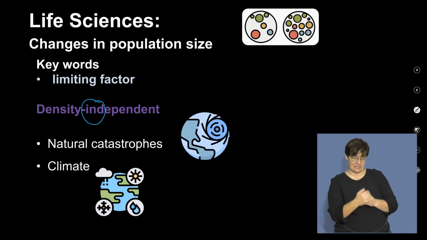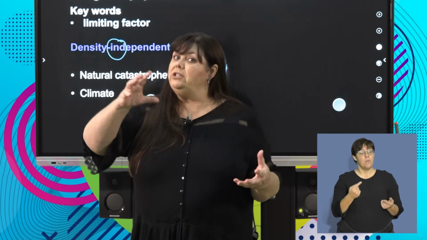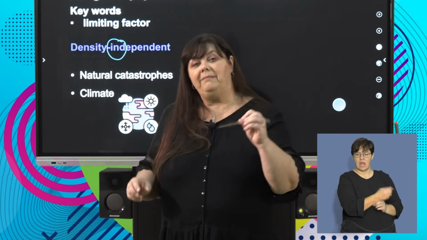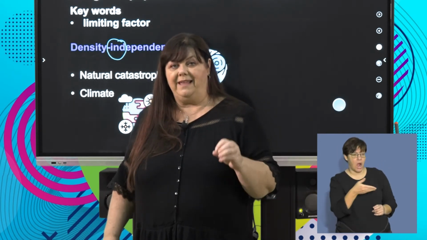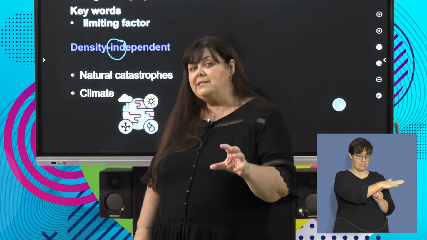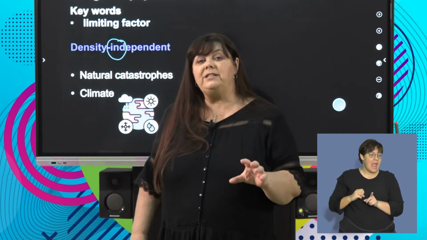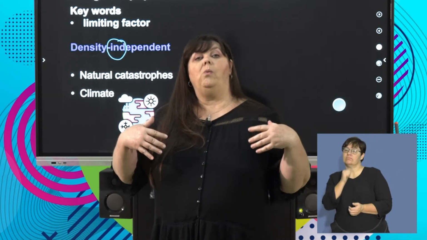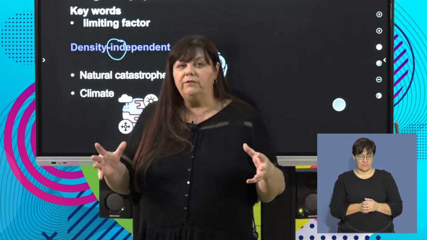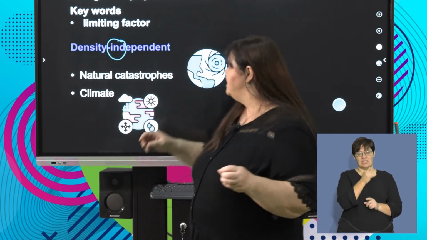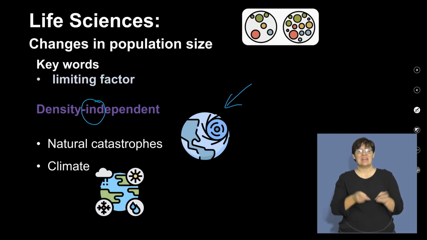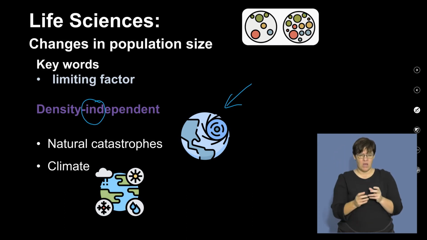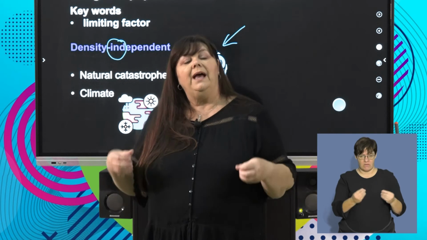What about density-independent factors? These are factors that limit population growth, and they've got nothing to do with how many individuals are in that population. This kind of factor is going to affect populations whether the population is small or whether the population is large and there's overcrowding. It doesn't matter. So something like natural catastrophes: storms, volcanoes and volcanic eruptions, earthquakes, hurricanes.